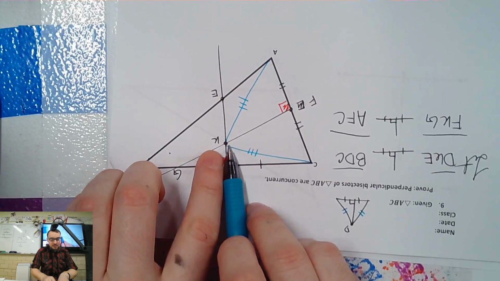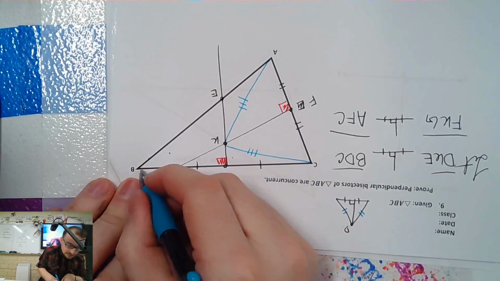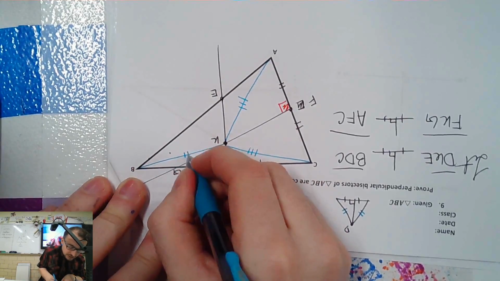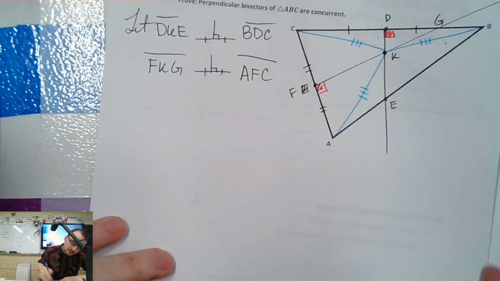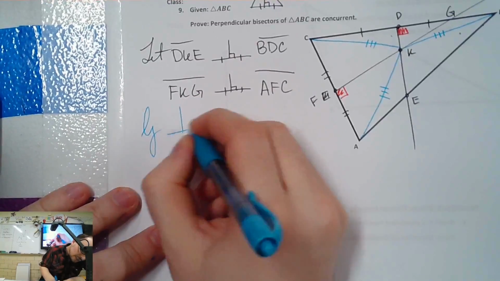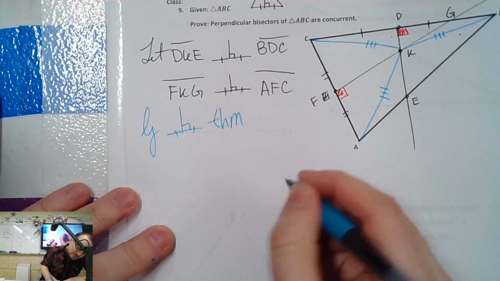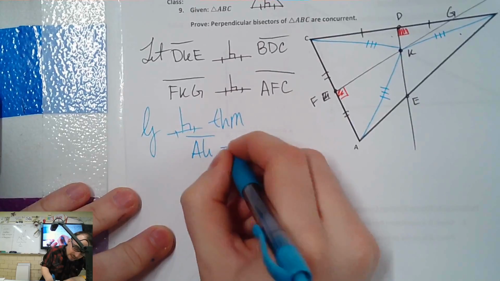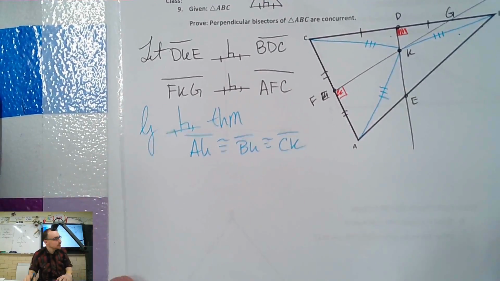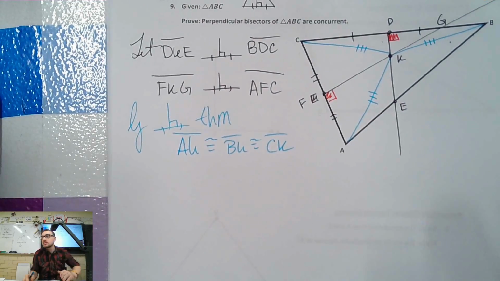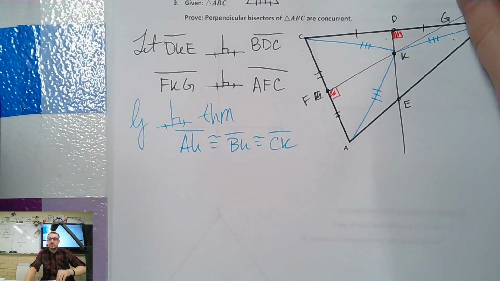So it's also equidistant to these endpoints, isn't it? And that makes sense because K is really the circumcenter, and the circumcenter is equidistant from the vertices. So by perpendicular bisector theorem, AK, BK, and CK are all equal. They're all congruent.